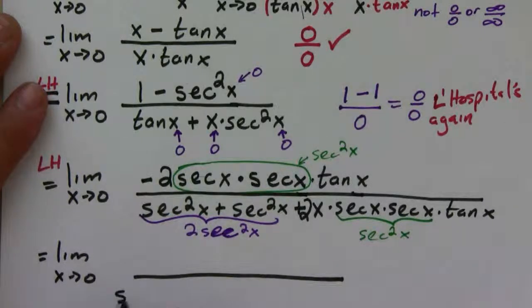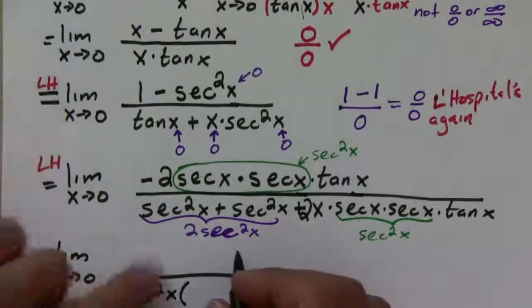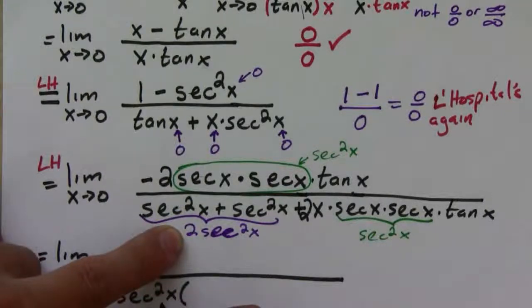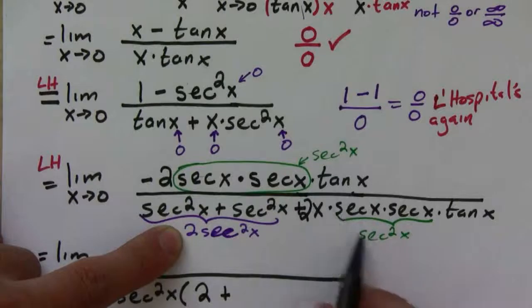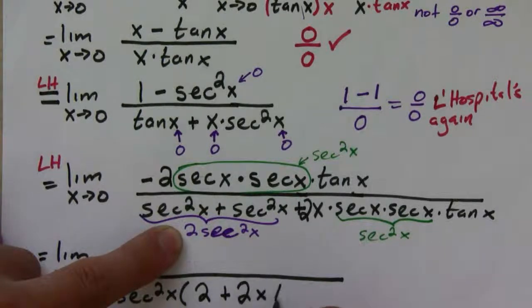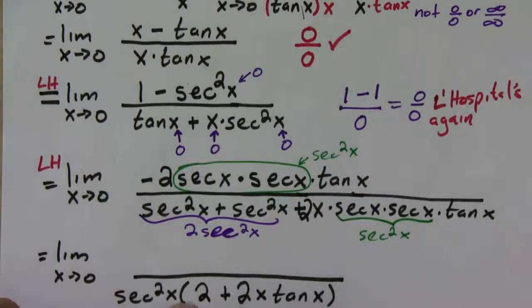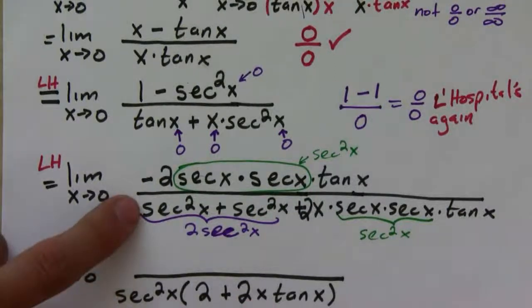So if I do that, this is 2 secant squared x. If I factor out a secant squared, I'm going to get 2 plus, if I factor out this secant squared x, I'm just going to have 2x tangent x. And now I guess you could have factored out a 2 as well, but we'll deal with that later.